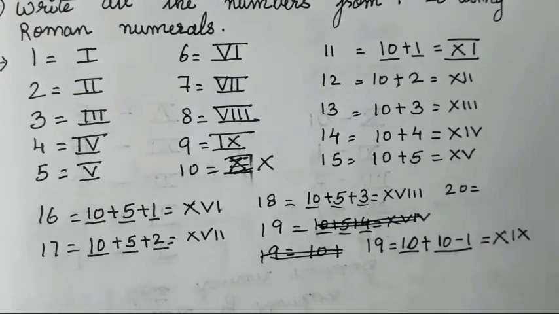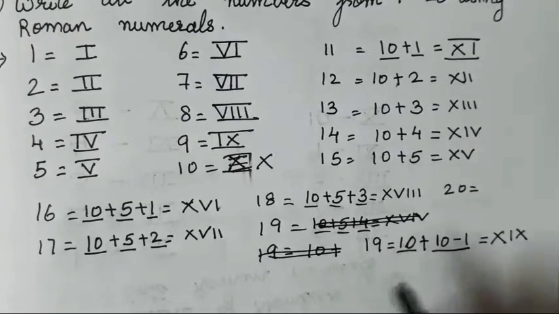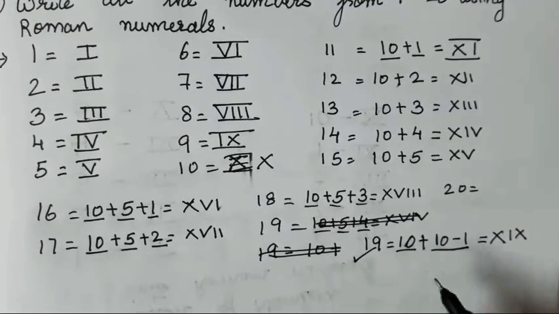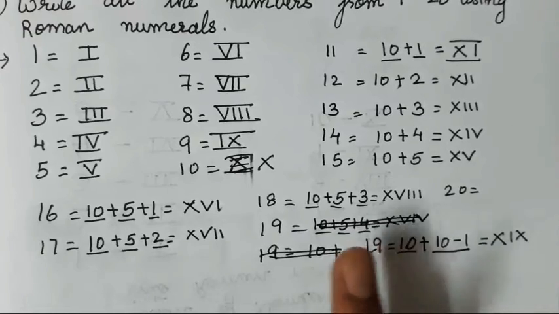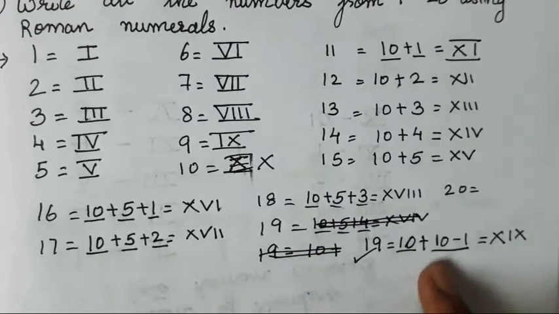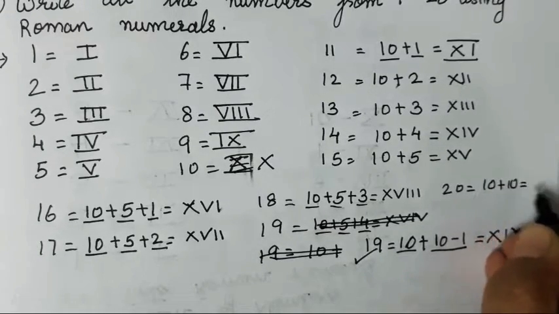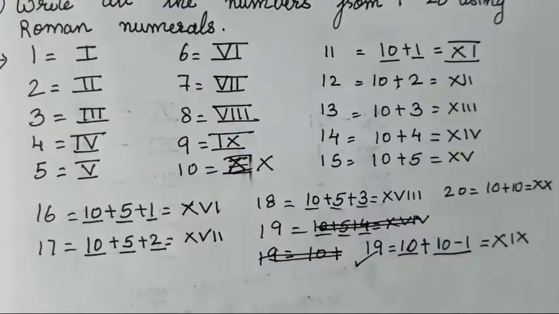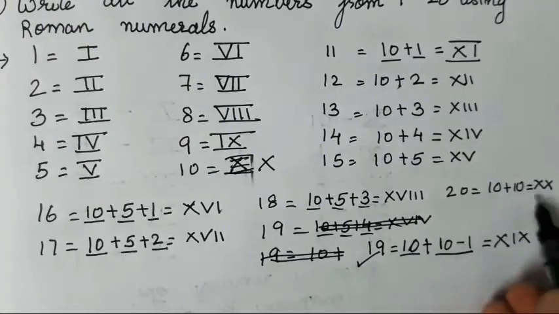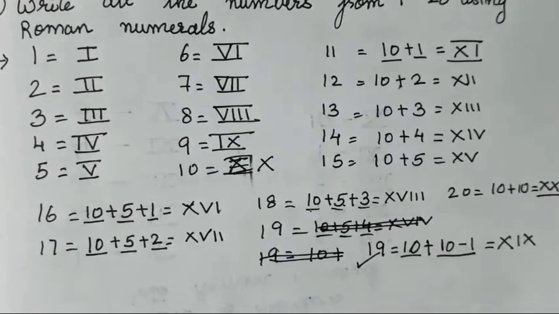So in this way you all have to write 19. Okay, you all can write it in the plus form also, but with minus it will be in this way only. This is the correct form of writing. Plus also you all can write it, but this is the correct and the easiest way to remember. And 20 means 10 plus 10, means X and X. Got it? So it is very easy to write all the numerals when you break it into the smaller form.